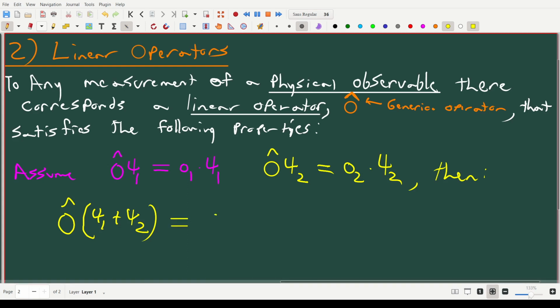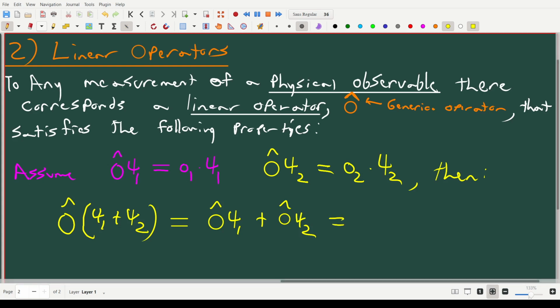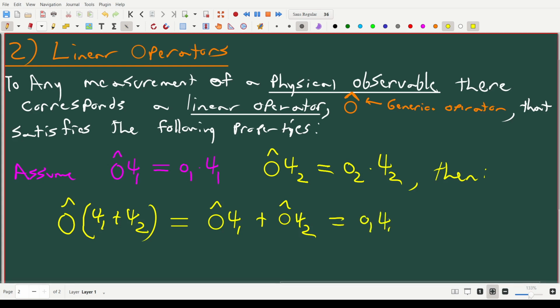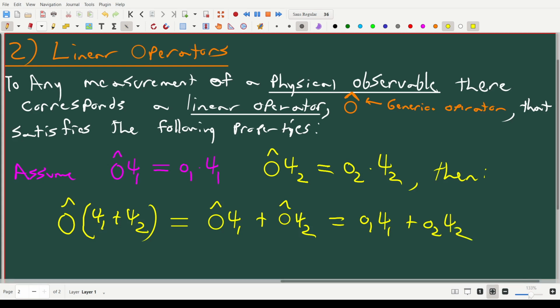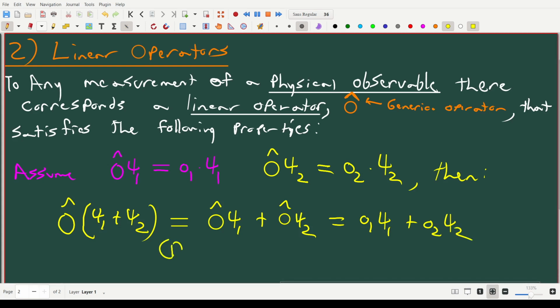This is the same as taking the operator for psi1 plus the operator for psi2, which of course gives us O1 psi1 plus O2 psi2. This is just a distributive property.